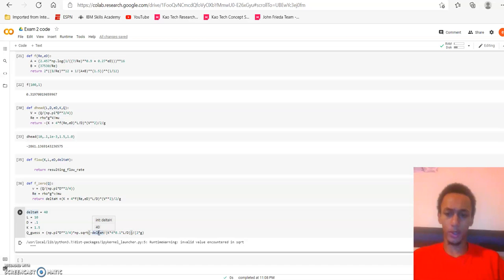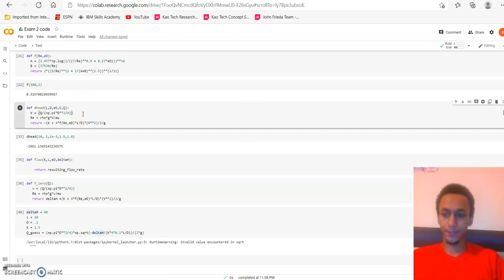But while we do that, we're going to have to account for the sign switches. So I believe the first thing we have to do is go back up to the head function. We're going to have to account for an absolute value for velocity in case it's negative, and account for the signage at the return.